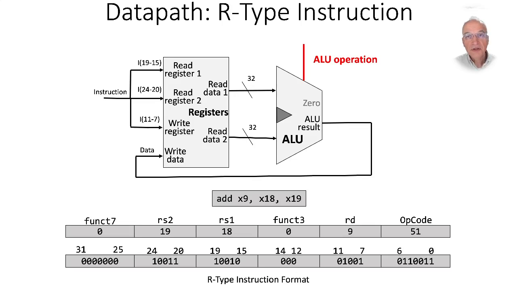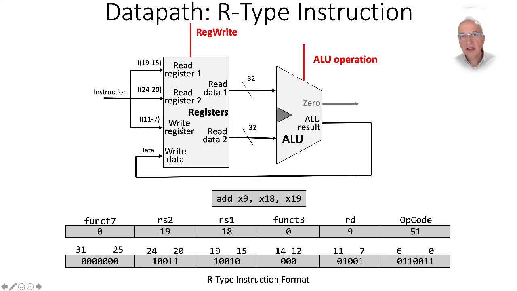And now I will issue a command to the register file telling it that it must write the value that's in this input data port into the register whose number is specified by the lines 7 to 11 that are coming into the write register specification. So this is how I execute an add instruction.